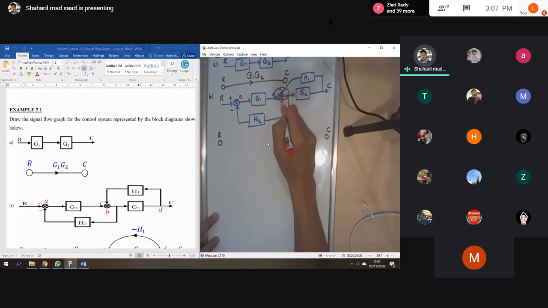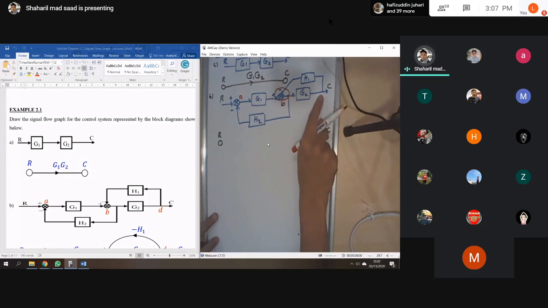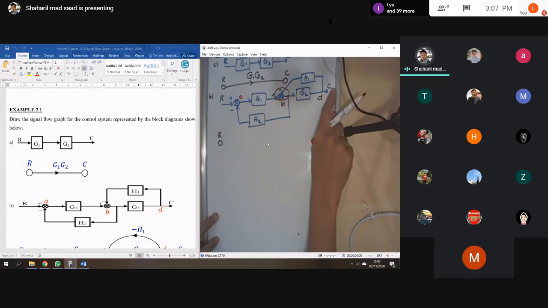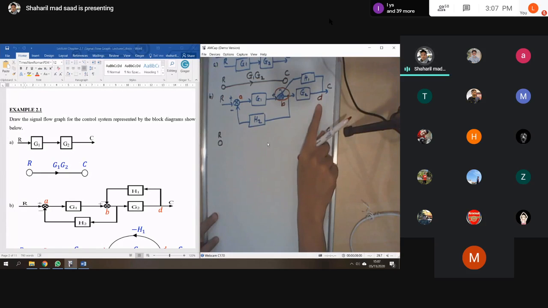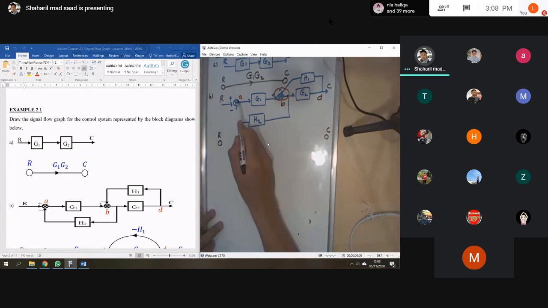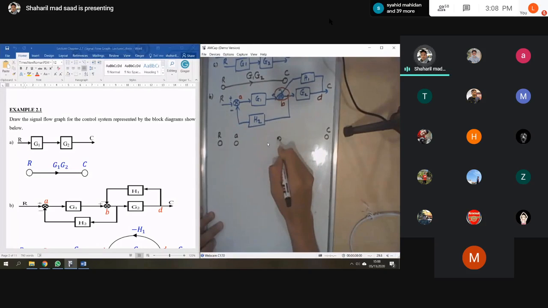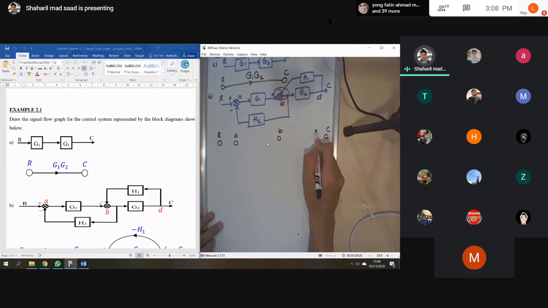So this one make it B. Then after that you find the junction again, make it D, because this one is C, so I use the symbol D. So you got three nodes, A, B, and D. So you draw this one A, and this one B.